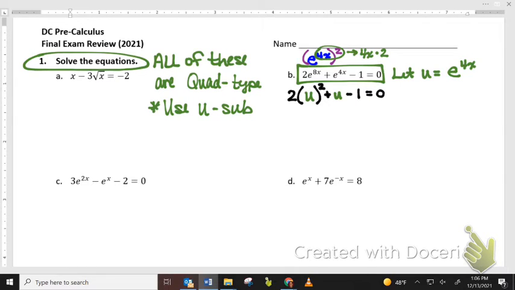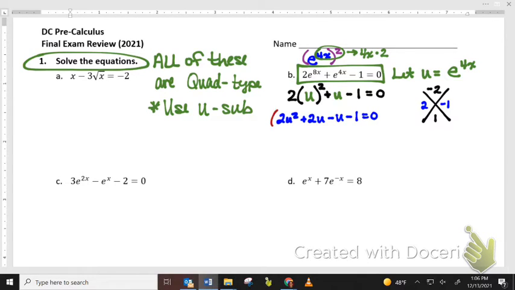So now I need to factor this so that I can find what u is. I need 2 numbers that when I multiply them, I get -2, but when I add them, I get +1. 2 and -1. So 2u squared plus 2u minus u minus 1 equals 0.